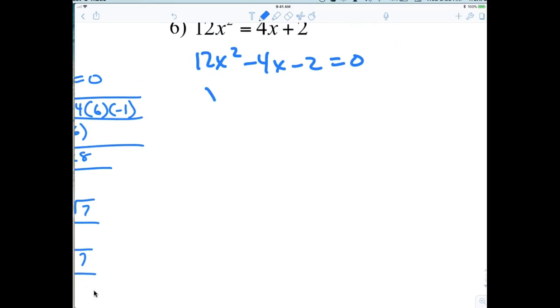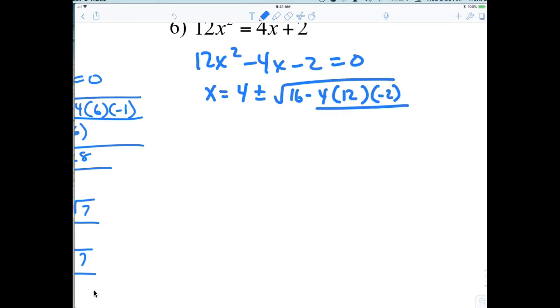So it would be x equals 4 plus or minus the square root. 4 squared is 16 minus 4 times 12 times negative 2, right? All over 24. So now x is equal to 4 plus or minus the square root of 48 times 2 is 96.